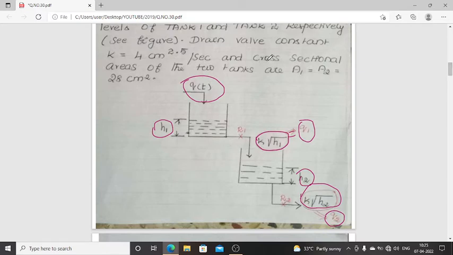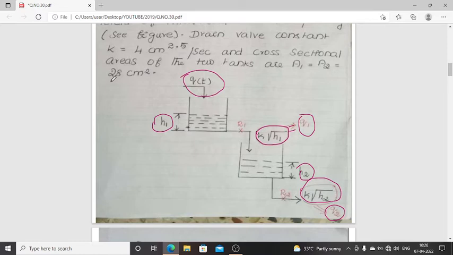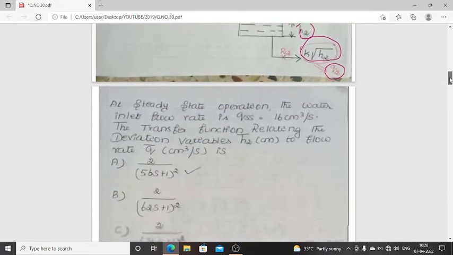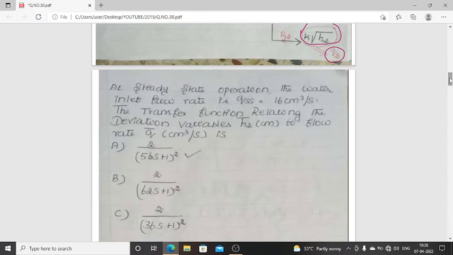The cross-sectional area of both tanks is the same, A1 is equal to A2 is equal to 28 centimeter square. At steady state operation, the water inlet flow rate Qss is equal to 16 centimeter cube per second.